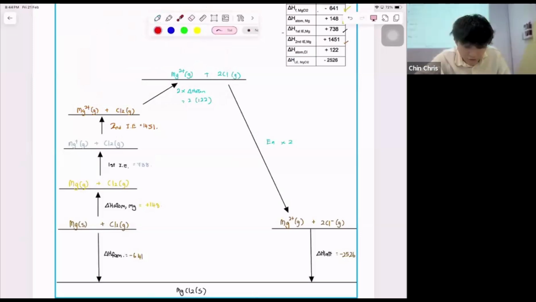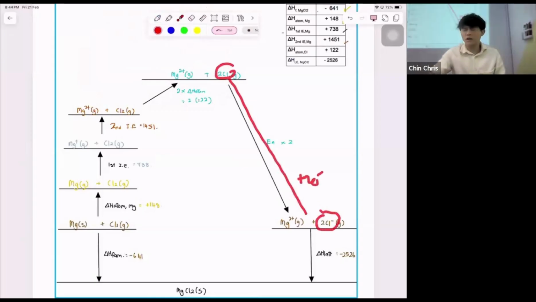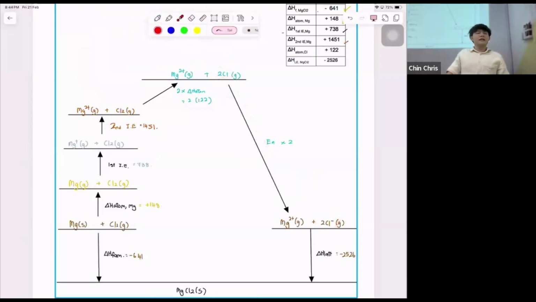Why? Because 2 moles of Cl turn into 2 moles of Cl-, so 2 moles of electrons are needed. Go. Okay, guys, after labeling all the values, please find out what is my value for EA.